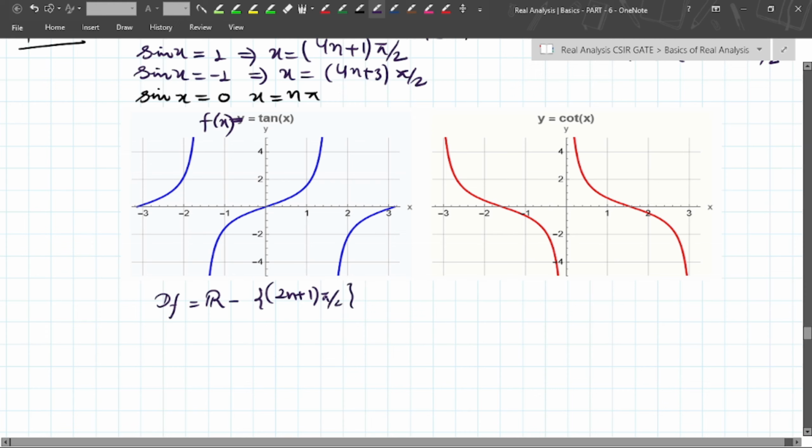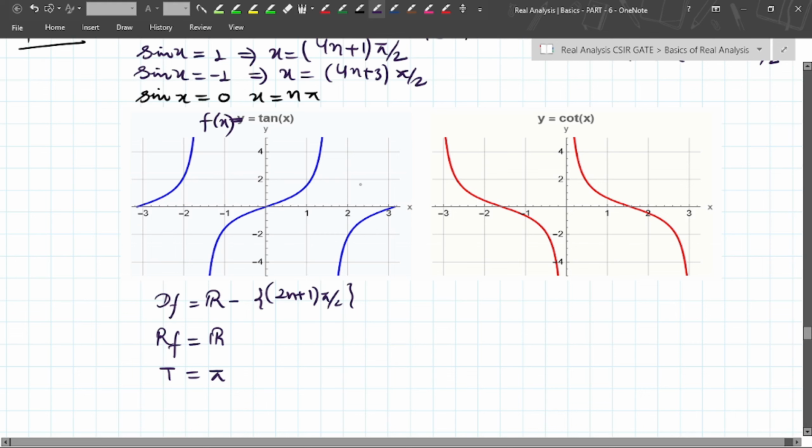At those points it will be infinity. The range is again all real numbers. The period is pi, it will repeat after pi, which is 3.14, as you can see here.